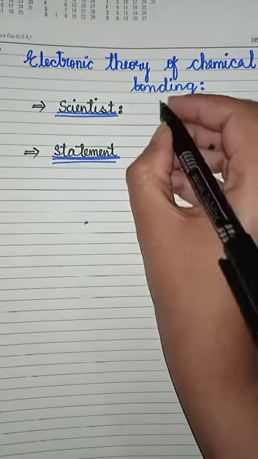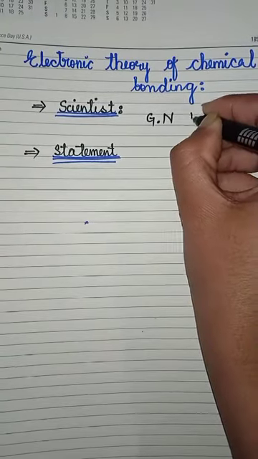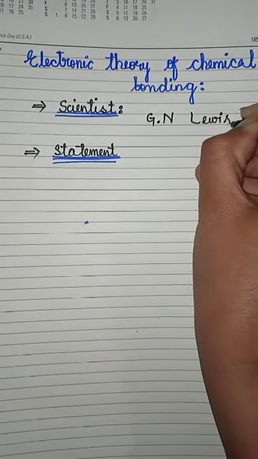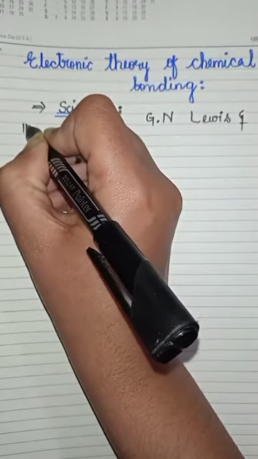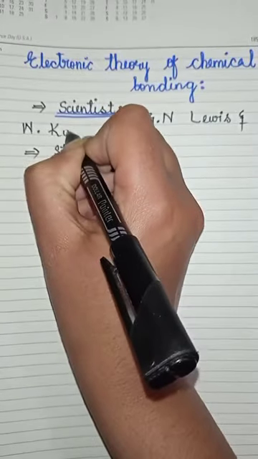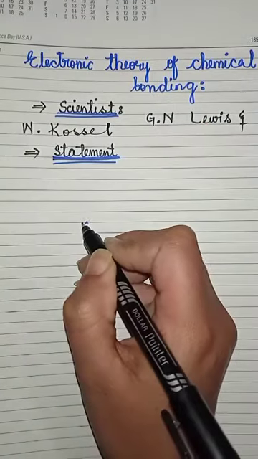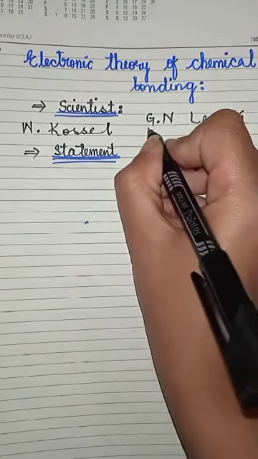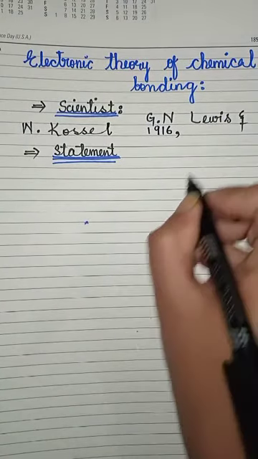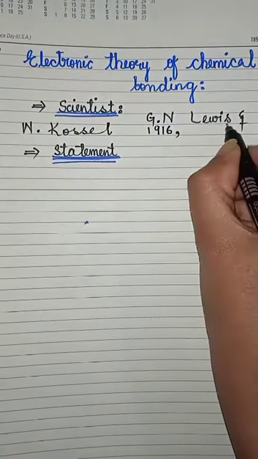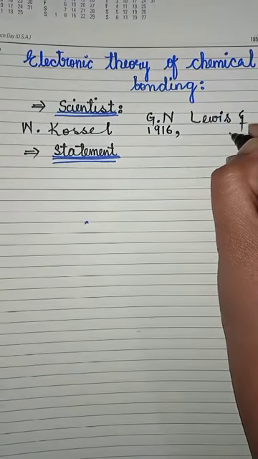There were two scientists named G.N. Lewis and W. Kossel. You might have studied their names in your ninth grade chemistry as well. In 1916, they put forward the electronic theory of chemical bonding.